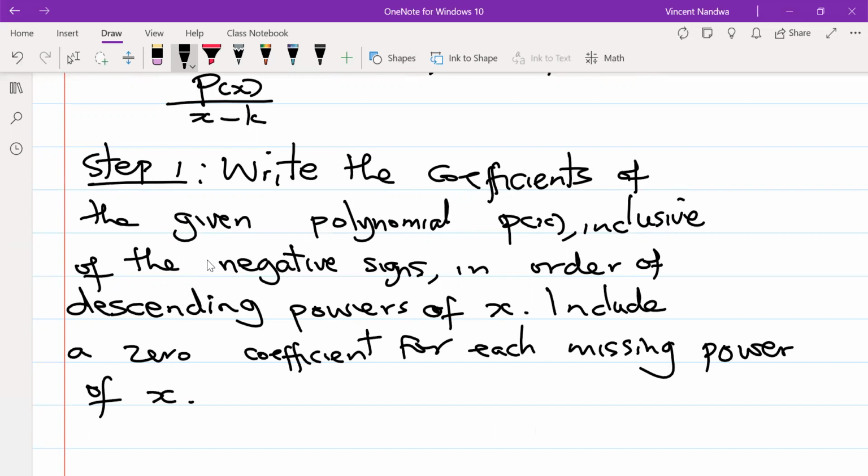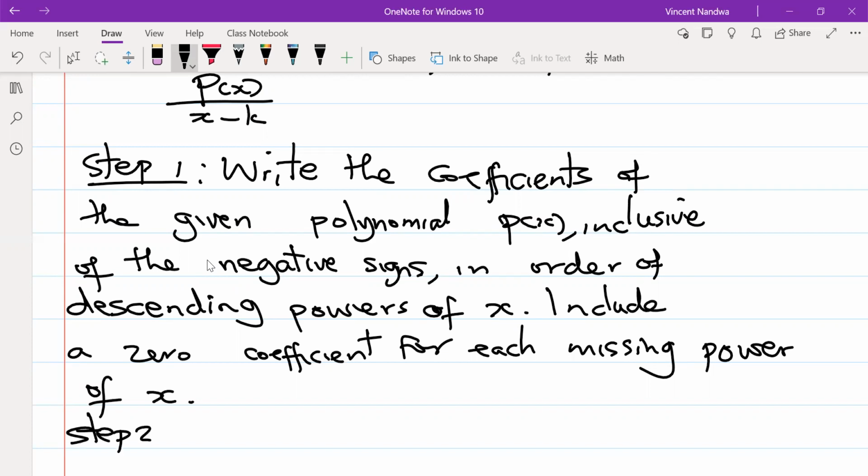For instance, when we're dividing x power 3 minus 8, that's a third degree polynomial, but there's no term with x power 2 and no term with x power 1. So for those positions of x power 2 and x power 1, you replace the coefficients by zeros. So that's what that means.